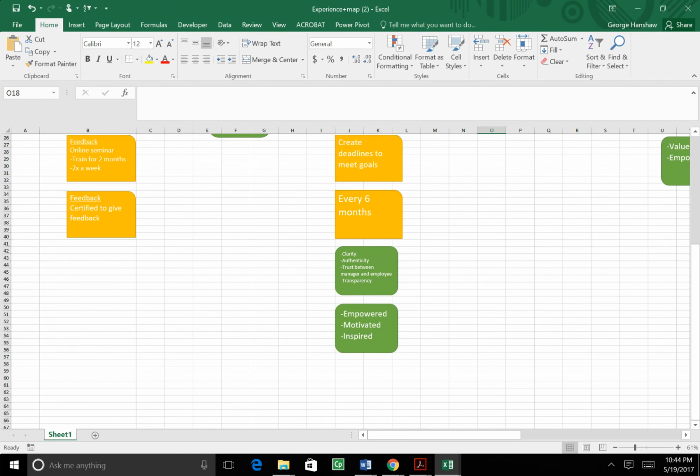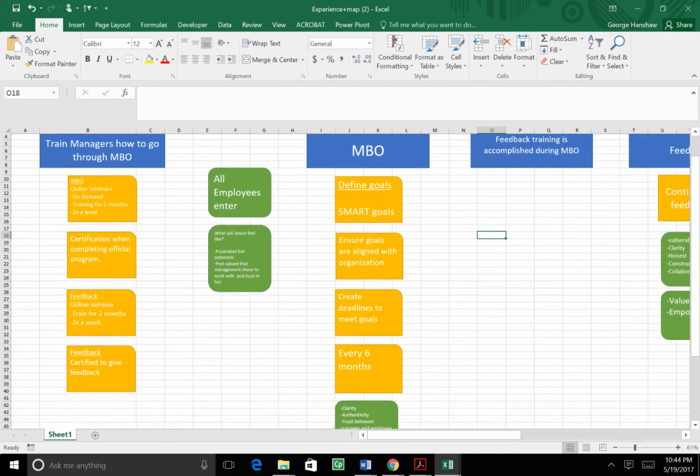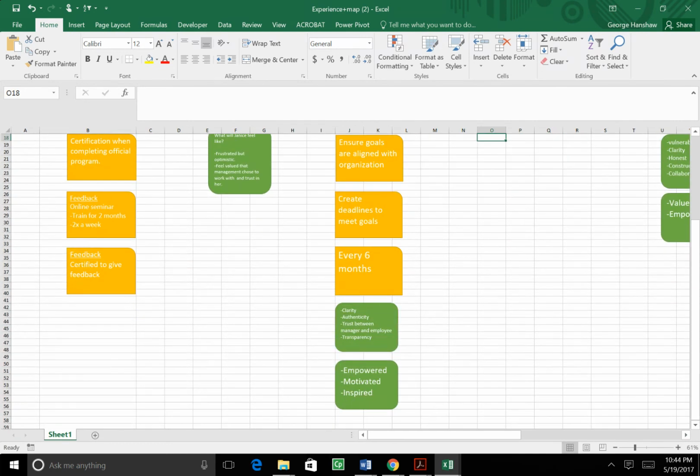Because even if you're managing by objectives and you have one of those difficult conversations with somebody, if you're clear, authentic, and you build trust between the manager and employee and you're transparent, hopefully they'll leave feeling empowered, motivated, inspired, even if it was one of those difficult conversations. So that's why this is important, because we want to stay focused on the traits that are required.